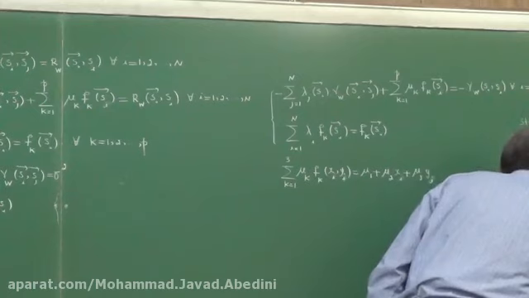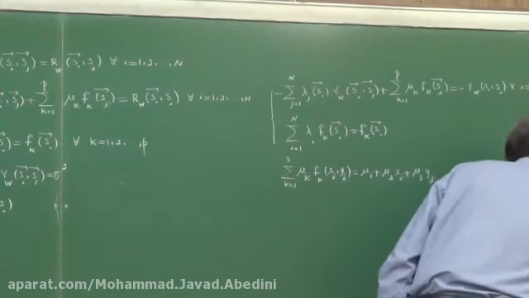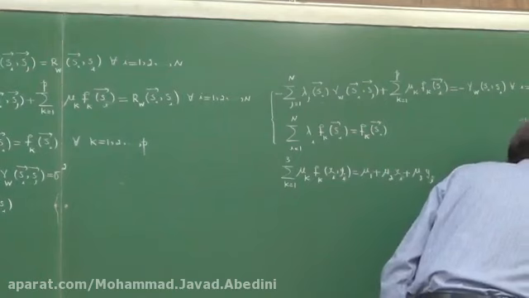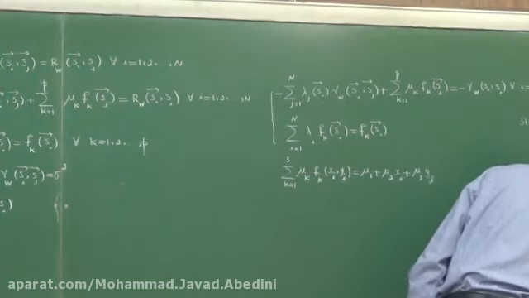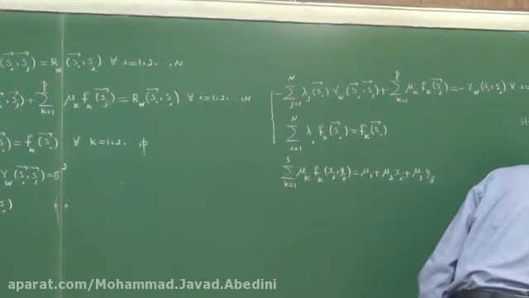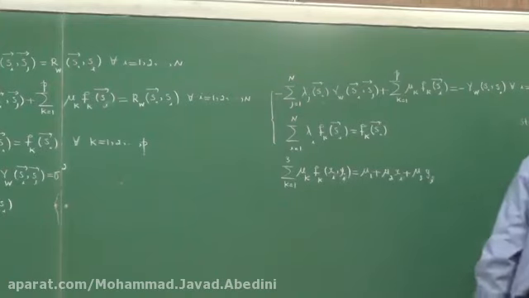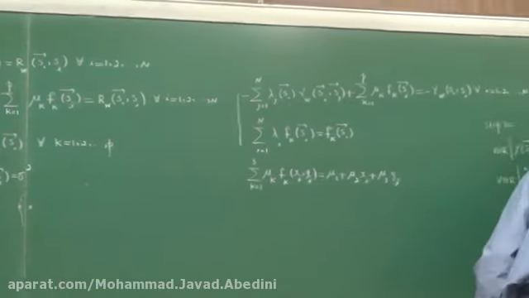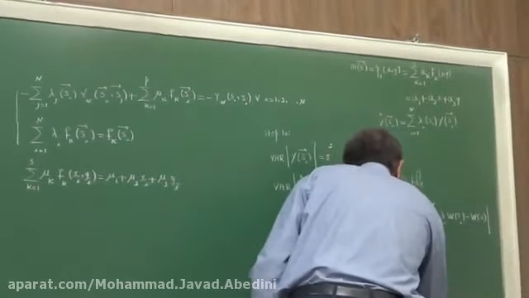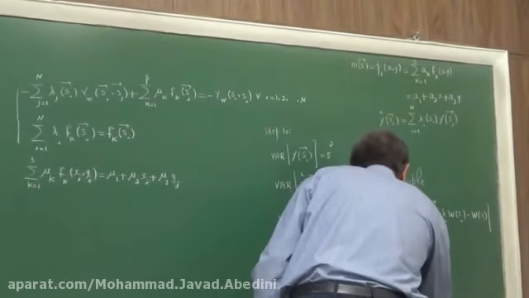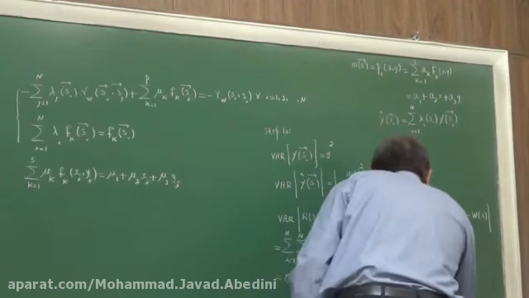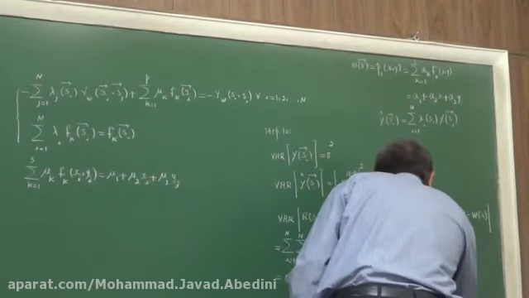you are going to get sigma squared minus summation i from 1 to n lambda i r sub W S0 Si, and then plus summation k from 1 to p mu sub k f sub k S0.